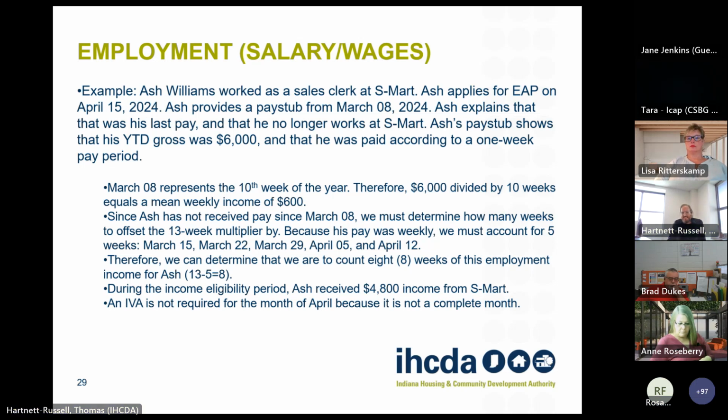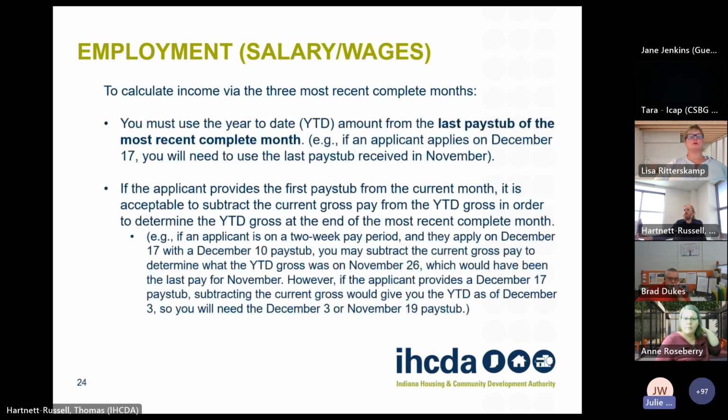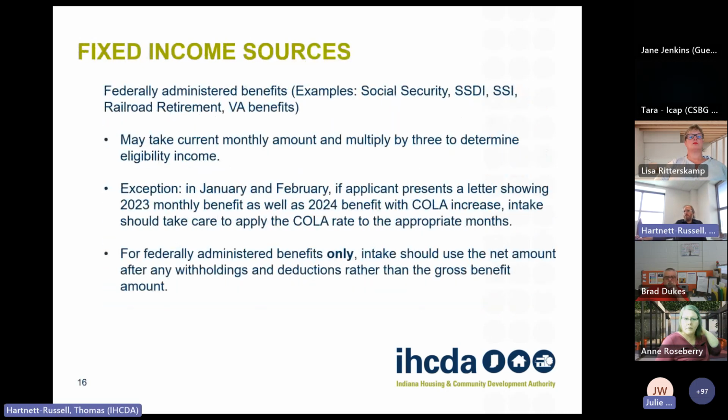Hey, I just wanted to confirm on your example of, say, a fixed income client that applies very early in the new year. It sounds like the expectation is we'll use what they provide, and if they apply in February with a February bank statement showing their 2024 SS amount received, we'll use that ×3 and not request anything about 2023. Correct. It's only if it's showing that we use it.